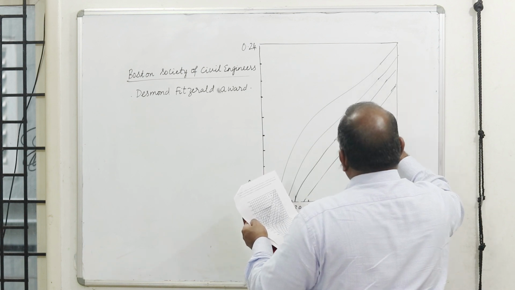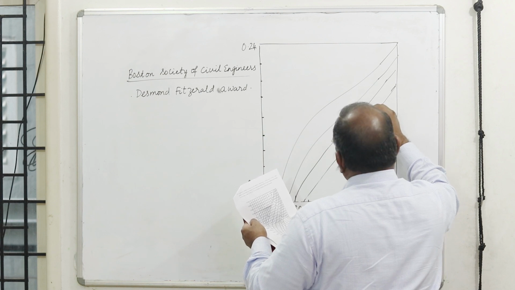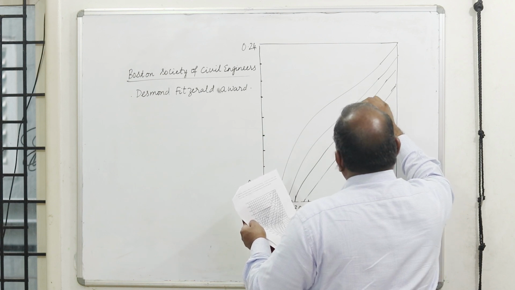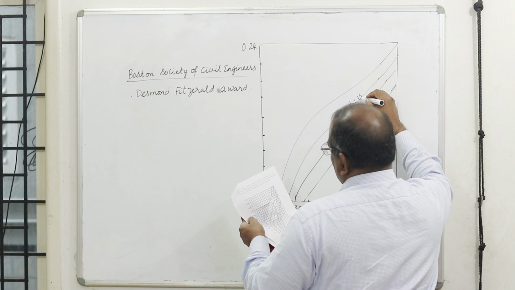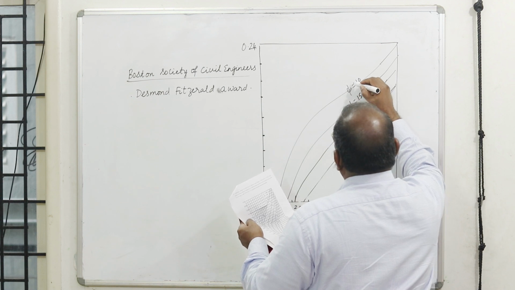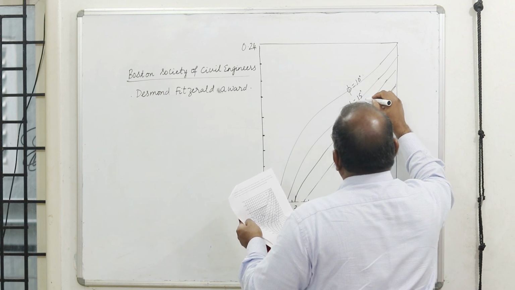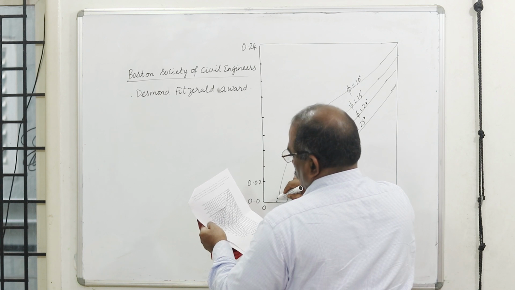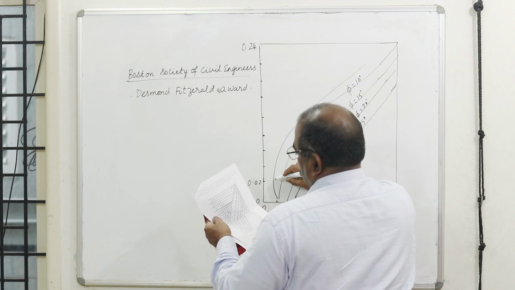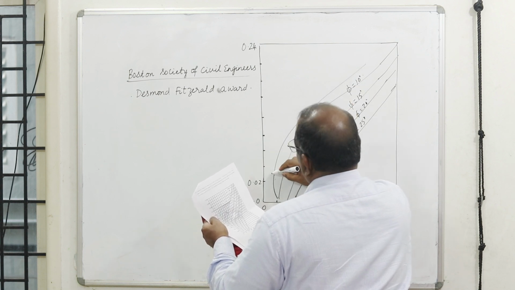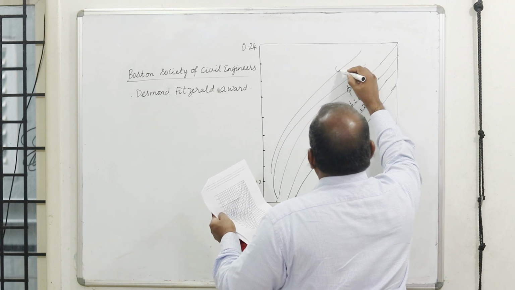This is phi equal to 25, phi equal to 20, phi equal to 15, phi equal to 10, then phi equal to 5, and ultimately phi equal to 0.